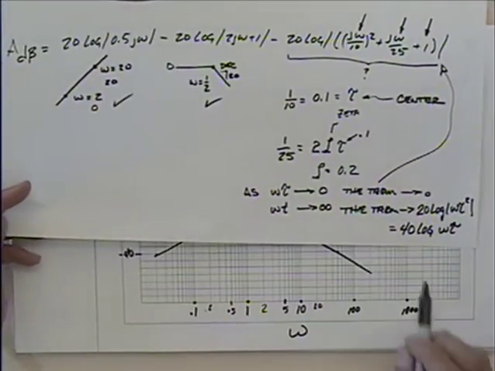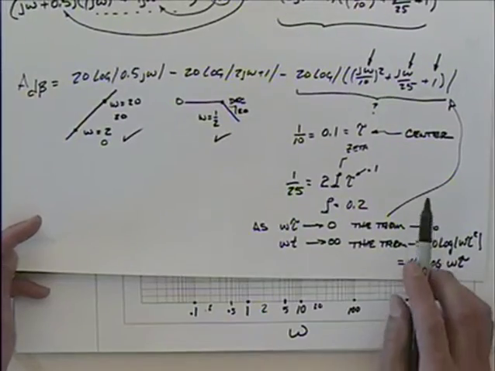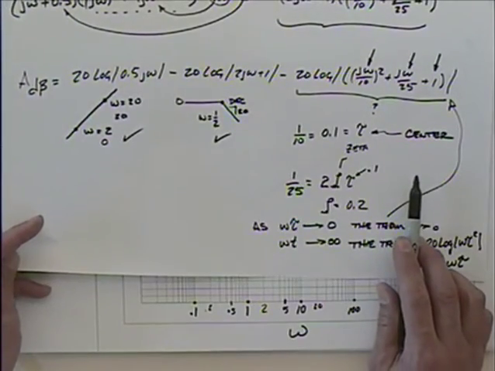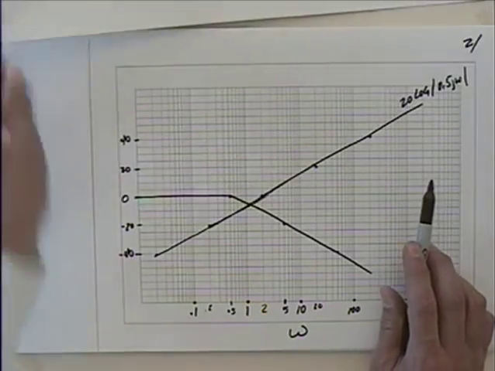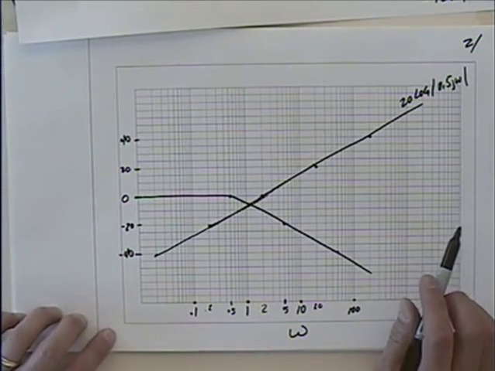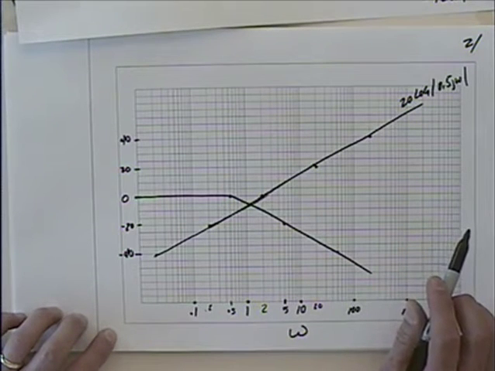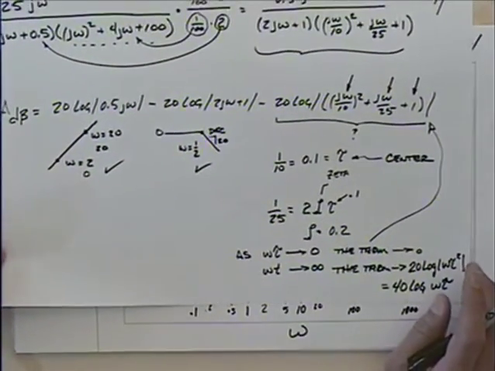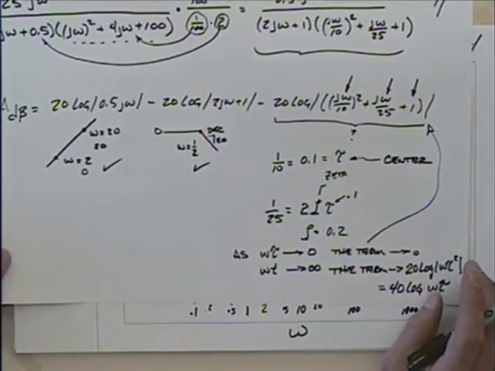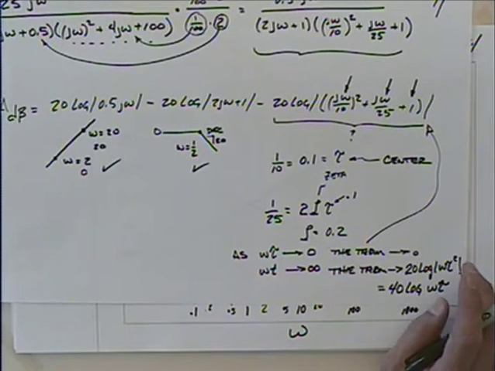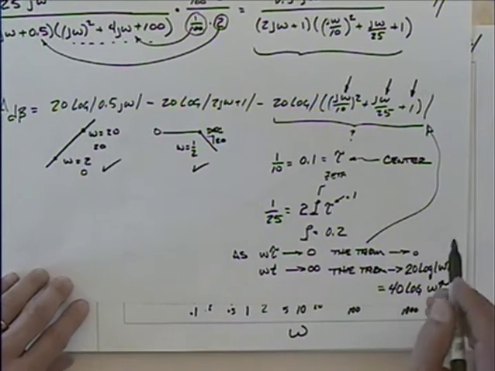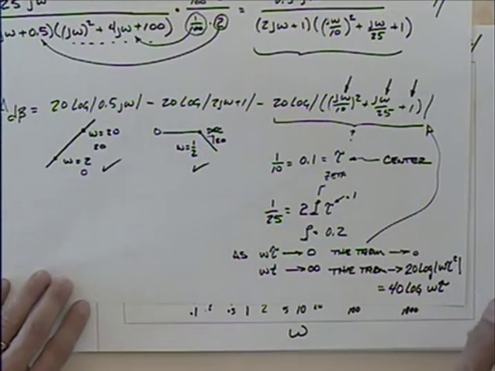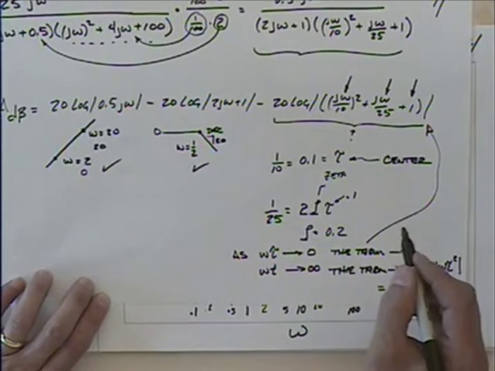Now we have this last one. So it's got a center at 0.1. Okay. Let's see. That's tau. So where's the corner on that going to be? Center is 0.1. The corner is at omega tau, right?